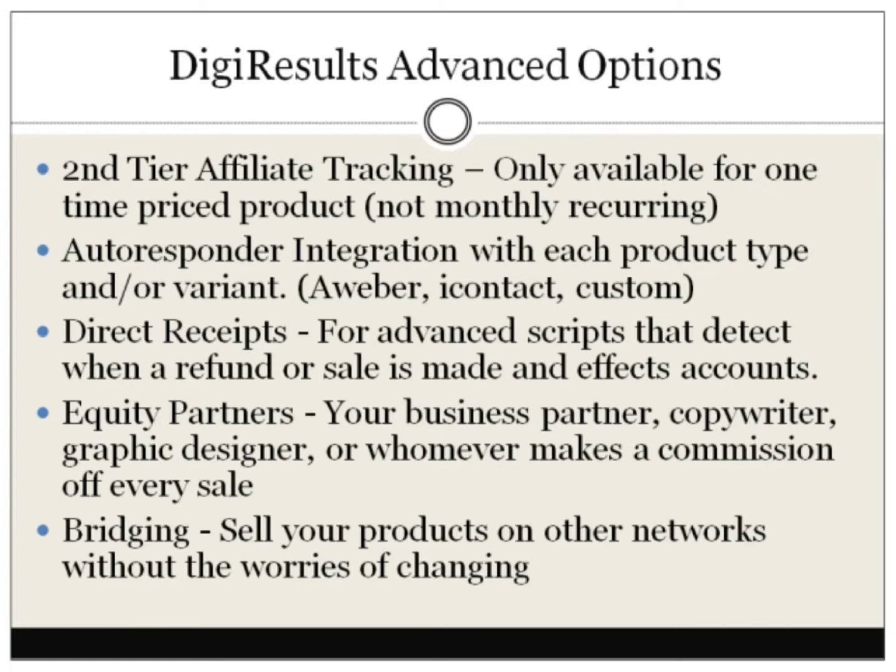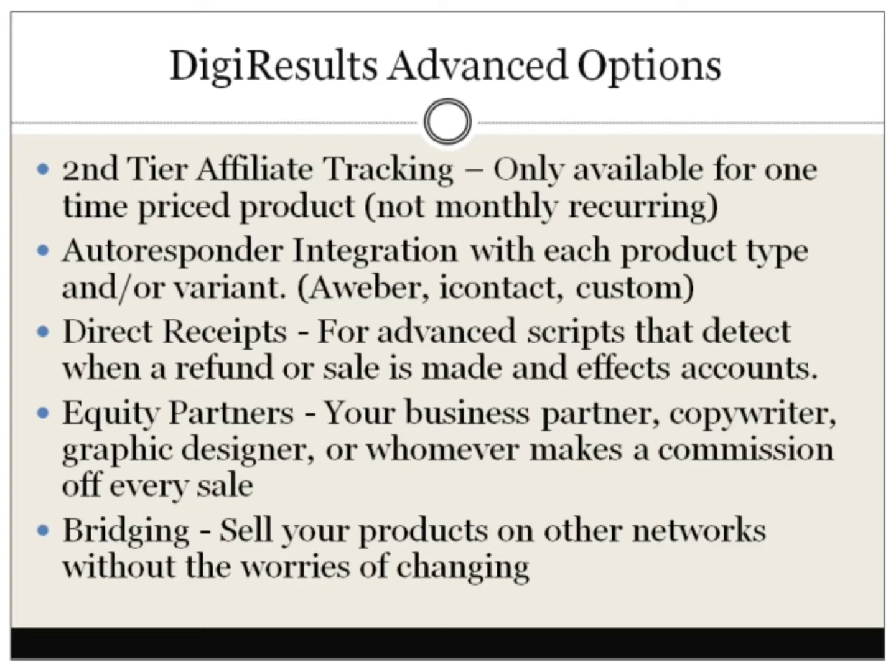And of course, DigiResults has bridging, which is one of the more advanced options. I'll say that most sites do not have this type of option, which is a really good part of DigiResults. Basically, bridging is selling your products on other networks without the worry of changing your other networks.